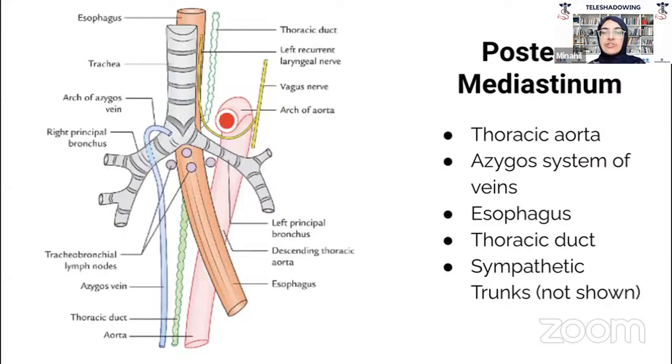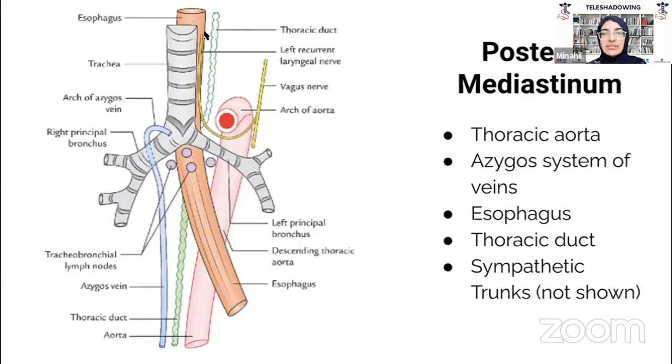I didn't put a picture here because I didn't want to confuse us, but it's just a type of venous drainage system. It's a group of veins that work together to circulate the blood, and they drain the upper lumbar region and also the thoracic wall. And then there's also the supreme and the superior intercostal vessels, and they supply and drain the upper intercostal spaces. And then the thoracic duct lies between the descending aorta and the azygous vein.